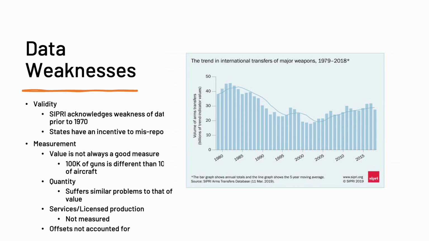The majority of your data also misses a really, really big point here, and that's the value of serviced and licensed production. As we're entering into this kind of new era post 2000, we're entering into a very internationalized and globalized arms trade and arms production system.